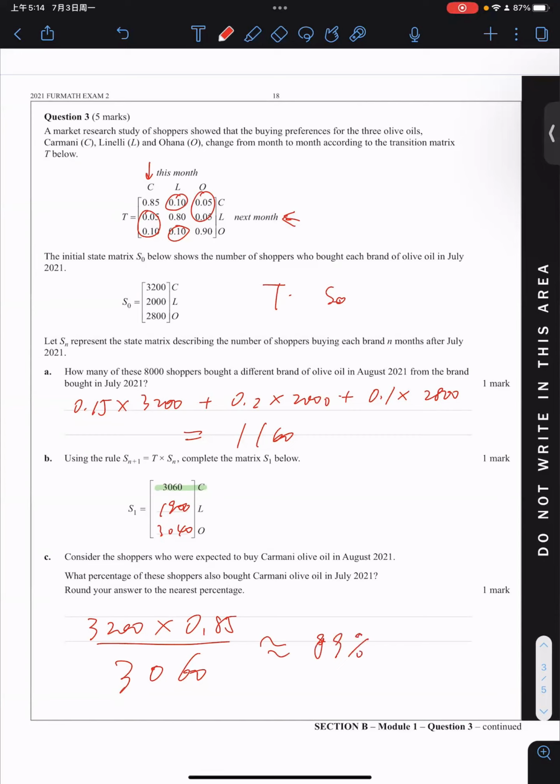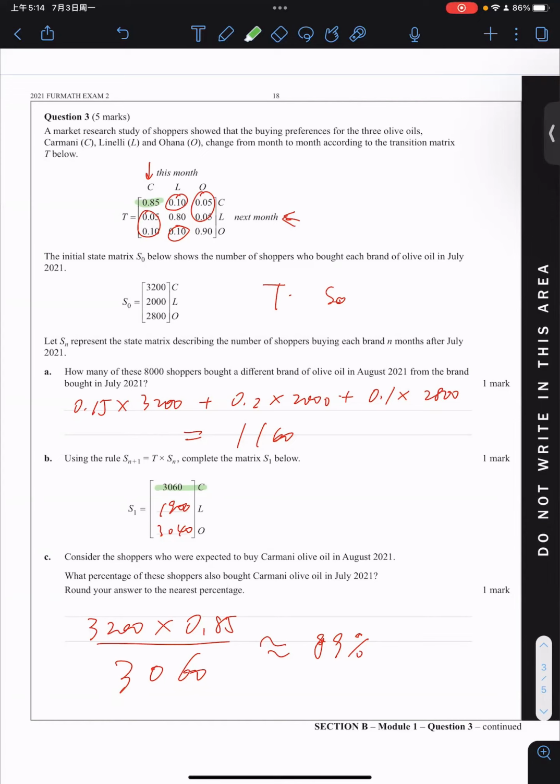Most of the students, about 15%, got the correct mark on this question, because if you directly grab the 0.85 from the question, that is the wrong answer. 0.85 means that of the 3,200 July customers, that proportion buys Harmony next month.